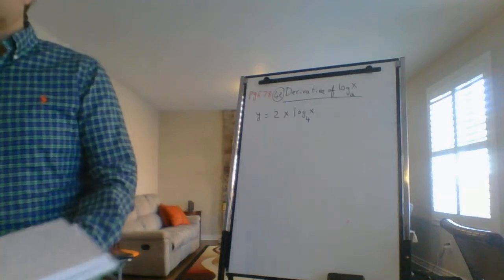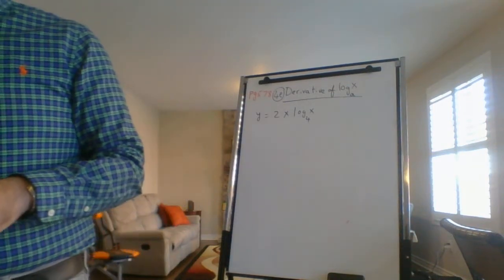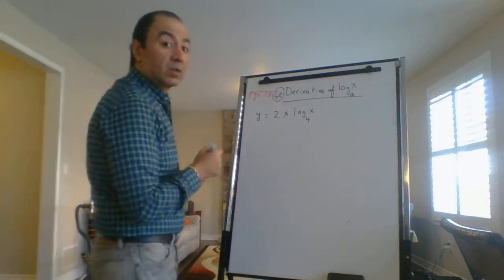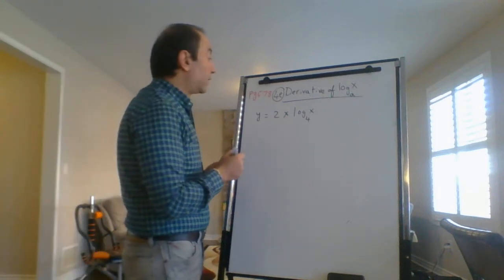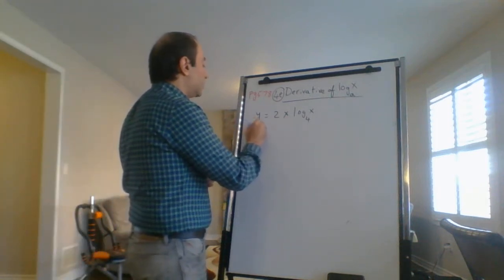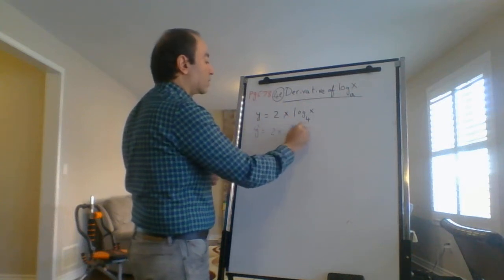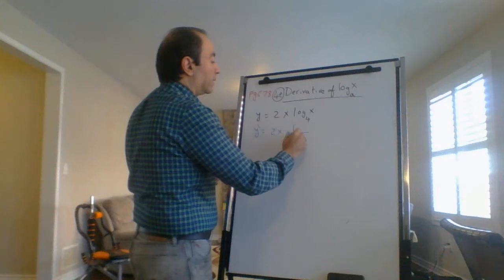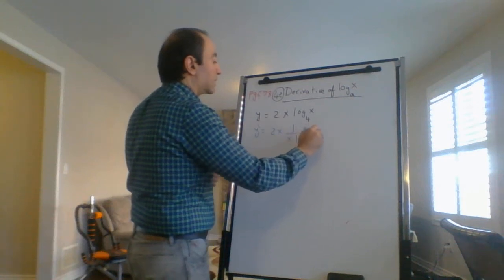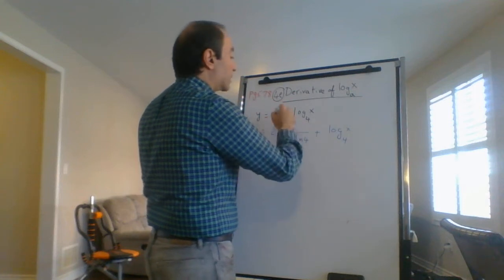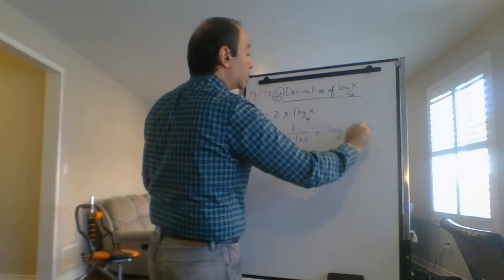Again, this is two functions multiplied together, so we have to use product rule to find the derivative. So y prime will be first times derivative of the second, which is 1 over x ln 4, plus the second times the derivative of the first, which is 2.